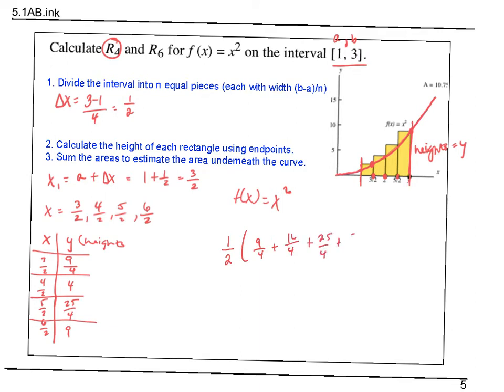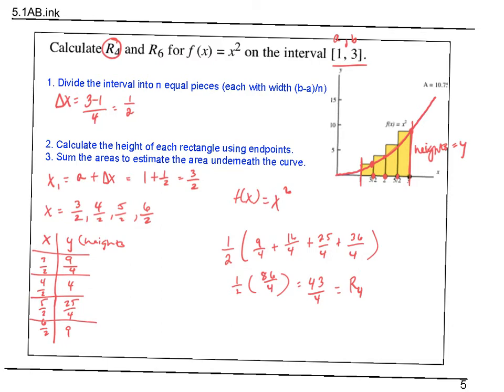And this would be much easier to put in your calculator or do mental pencil and paper if you had to. So we end up with 1/2. I went to fourths here because that way I could add my fractions more easily. And I end up with 43/4, which is my right approximation using 4 rectangles.